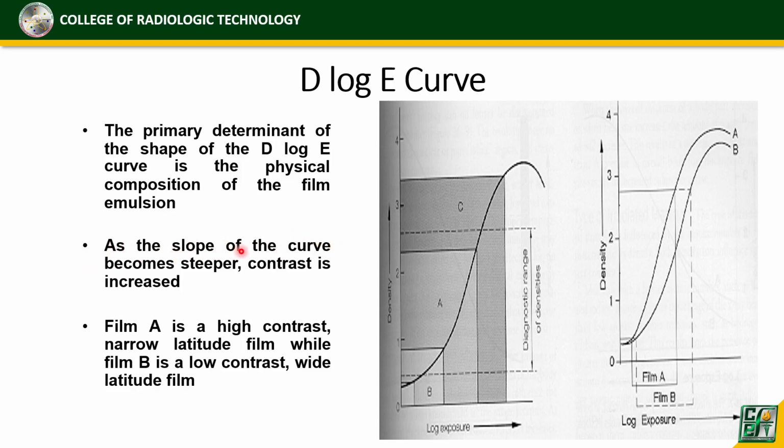So as the slope of the curve becomes steeper, the contrast is increased. Okay? So pag tumaas daw, tumataas din yung contrast niya. Okay, doon sa kanina, film A has a high contrast, narrow latitude film, while film B, low contrast, wide latitude film.